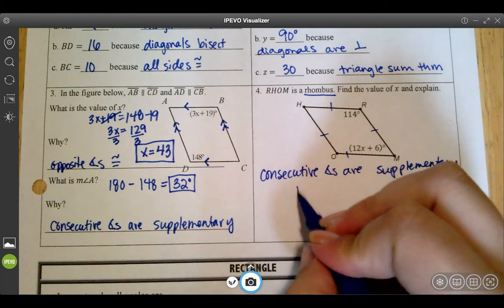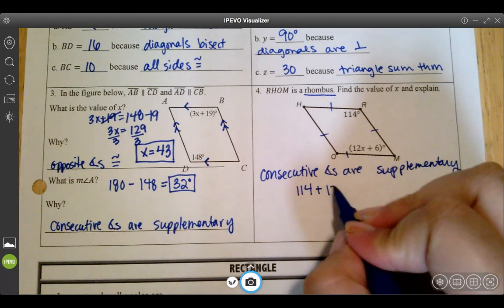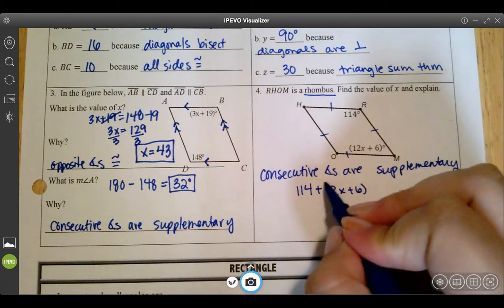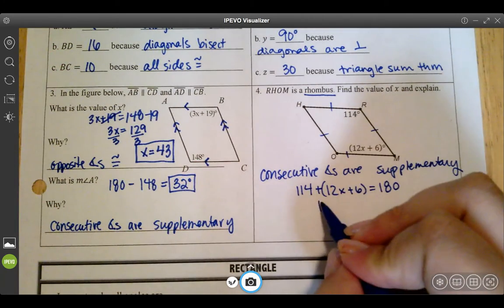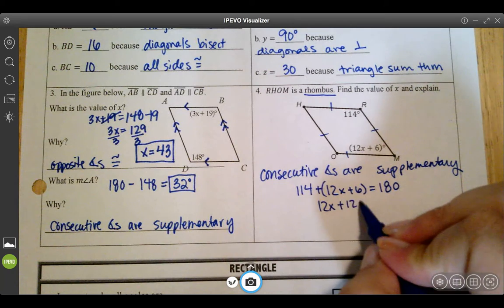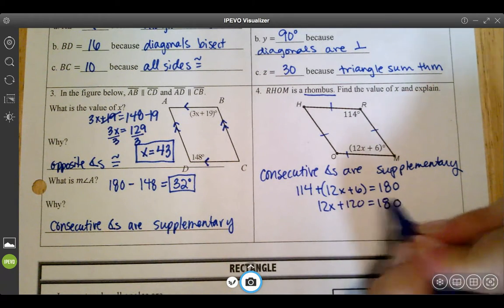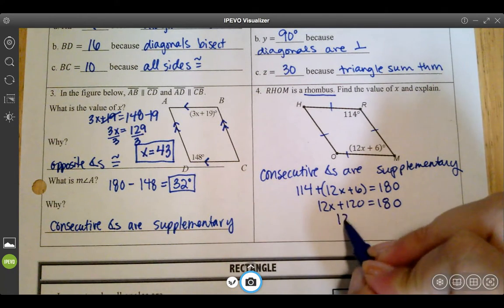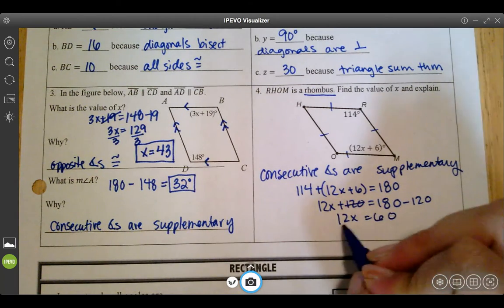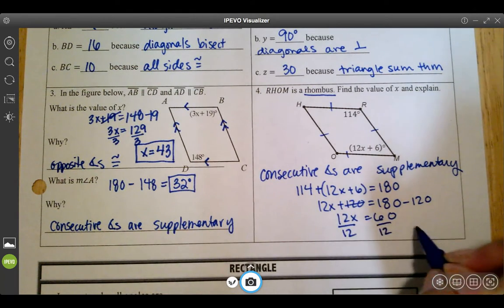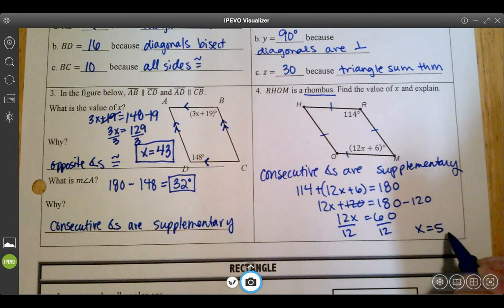And so we can say 114 plus 12x plus 6 equals 180. So 12x plus 120 equals 180, collecting our like terms. 12x equals 60, divided by 12, x equals 5.